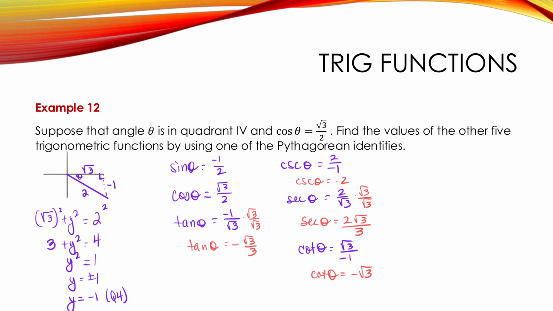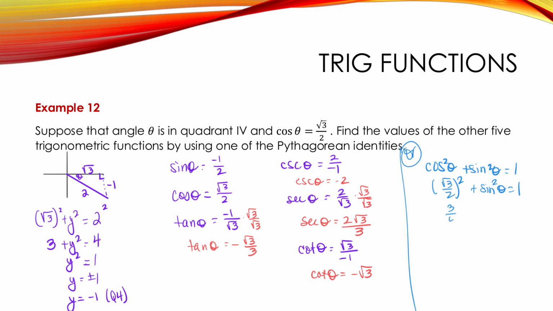To me, this is much simpler than going the other direction, which if we did cosine, we would say cosine squared theta plus sine squared theta is equal to 1. Cosine is root 3 over 2, so we'd have to square that, plus sine squared theta equaling 1. And we'll just say this is or. You don't have to do both.